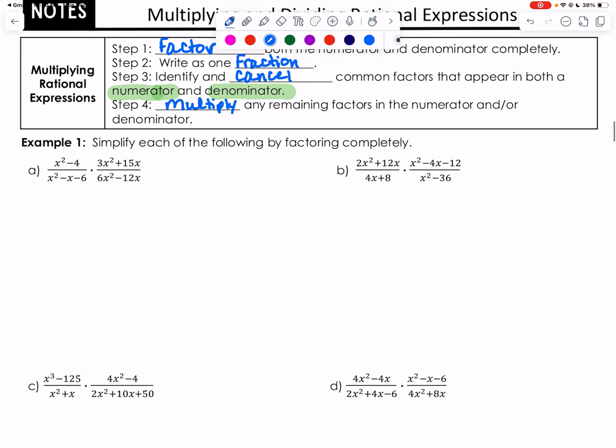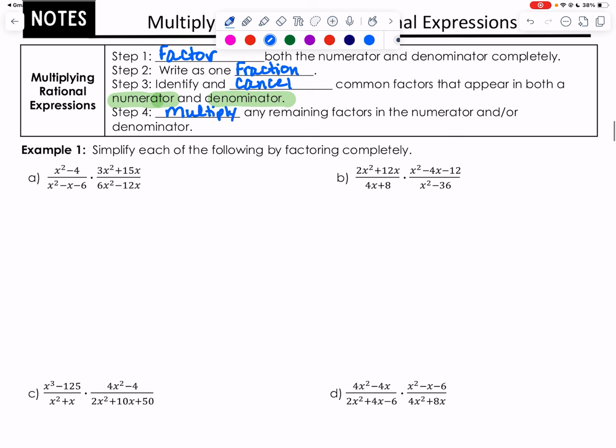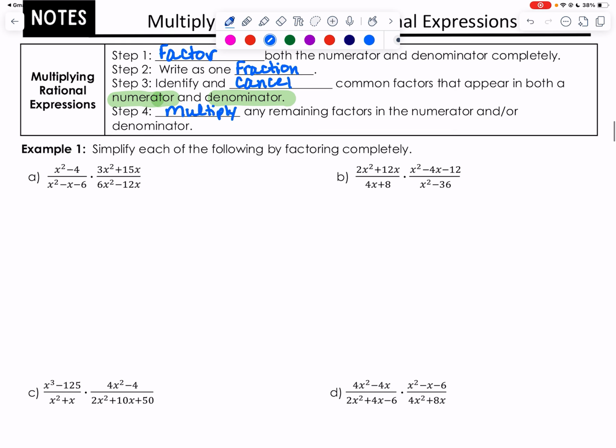So let's see what those steps look like. In example one, we have x squared minus 4 over x squared minus x minus 6 times 3x squared plus 15x divided by 6x squared minus 12x. So the first thing I want to do is factor everything completely.